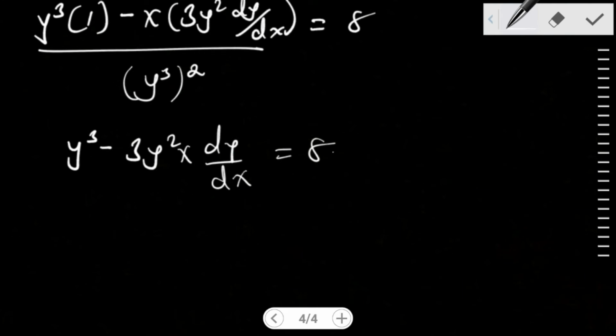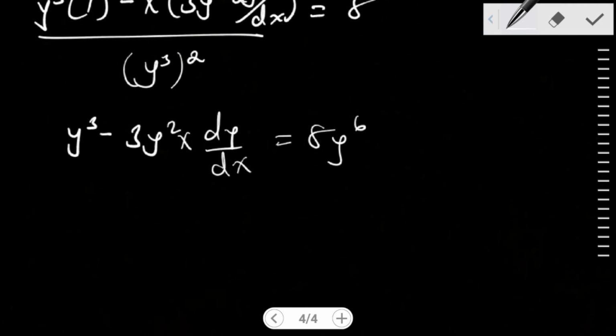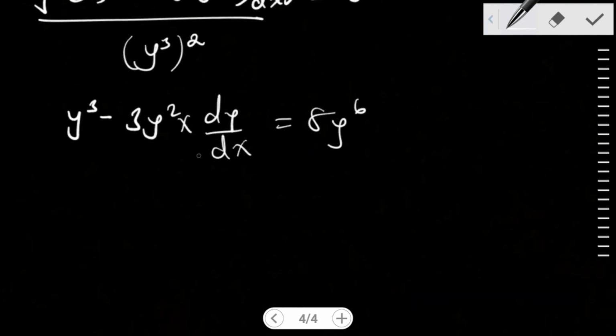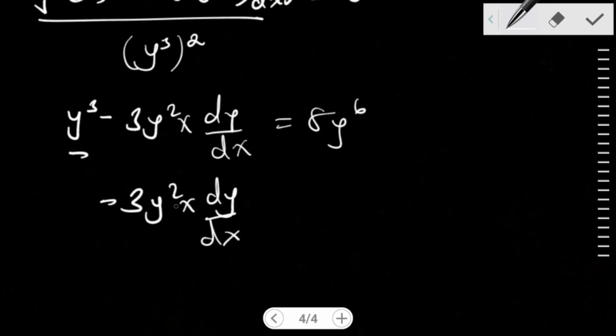So I'm going to have y to power 6. So out of that, next thing here that I'm going to do, I'm going to take this to the other side. So 3y squared x dy/dx, but this is negative, would be equal to 8y power 6. Now I take this to the other side, which is going to be minus y cubed.